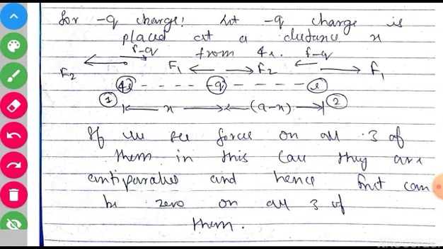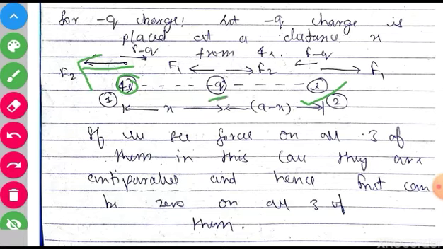Now clearly these are opposite to each other, F1 and F2. Hence for minus q charge also, F1 and F2 are anti-parallel. Hence there is a possibility for equilibrium. Now let's look at the forces acting on 4e and e also. If we look at 4e charge here, the force acting due to this e charge will be repulsive in this direction.